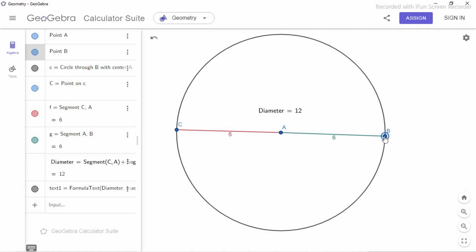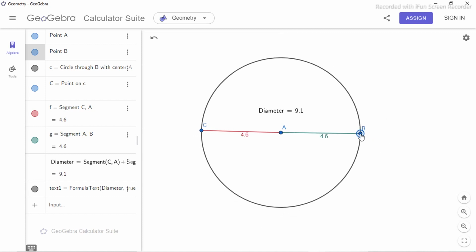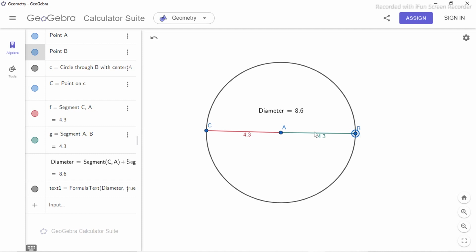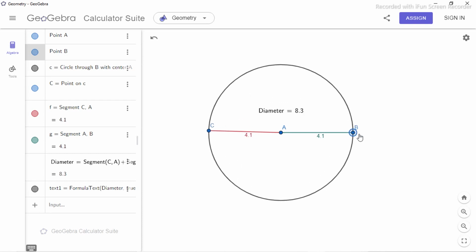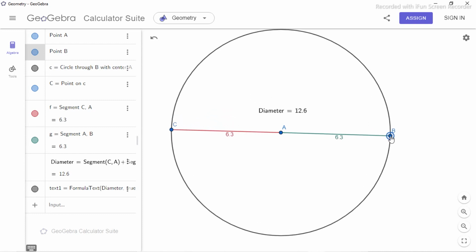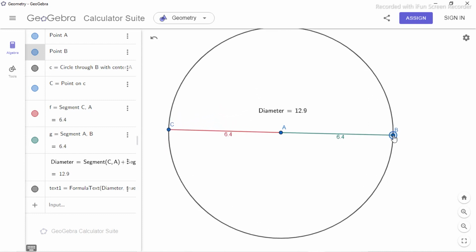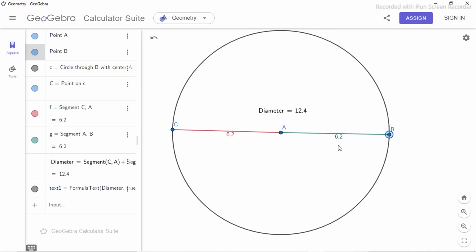If I shrink my circle like so, with these two numbers, 4.3 and 4.3, we get 8.6. That's what I mean when I say that the diameter is twice the radius. And if I do that inversely, the radius is half the diameter. The diameter is twice the radius, and the radius is half the diameter.